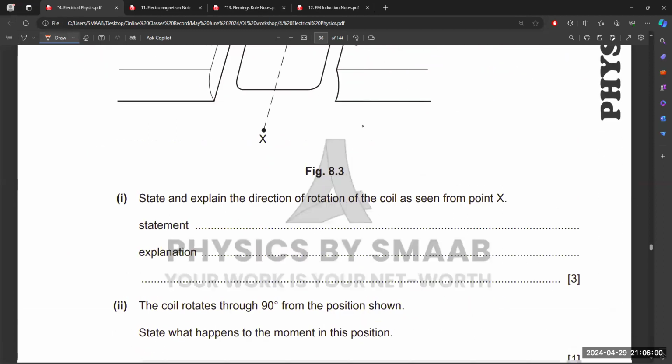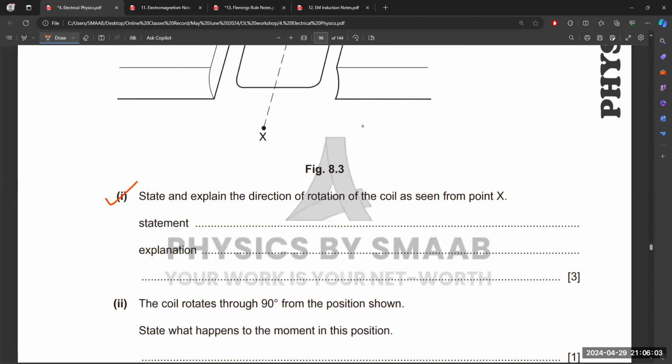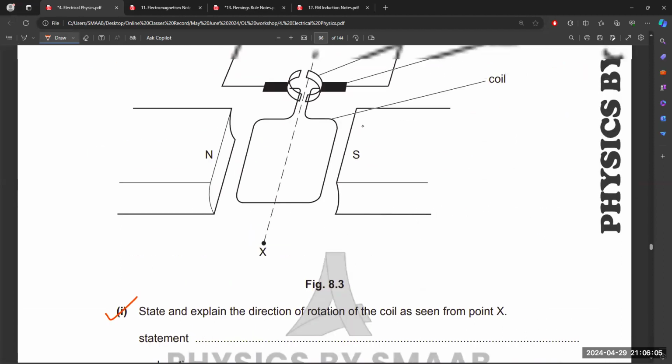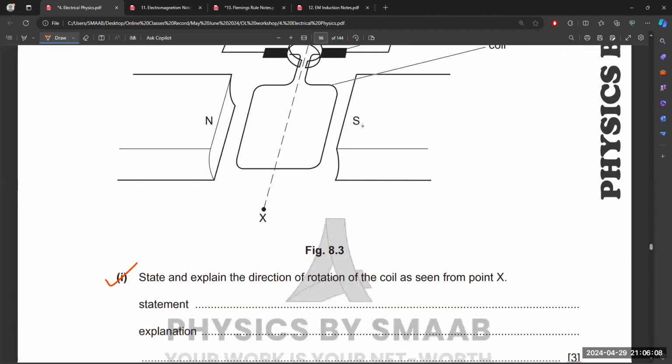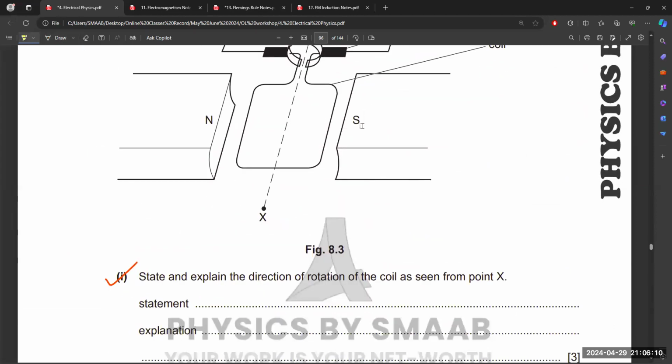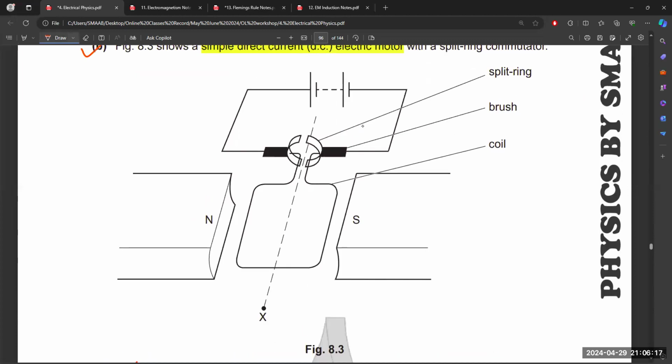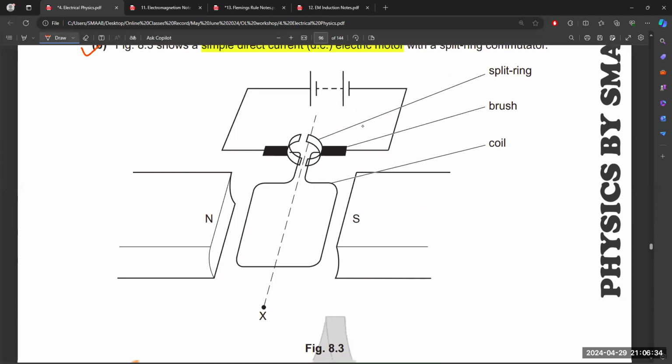State and explain the direction of the rotation of the coil as seen from point X. So point X is where we are observing, the observer at the point where we are sitting. So we have to identify the direction of rotation according to this.